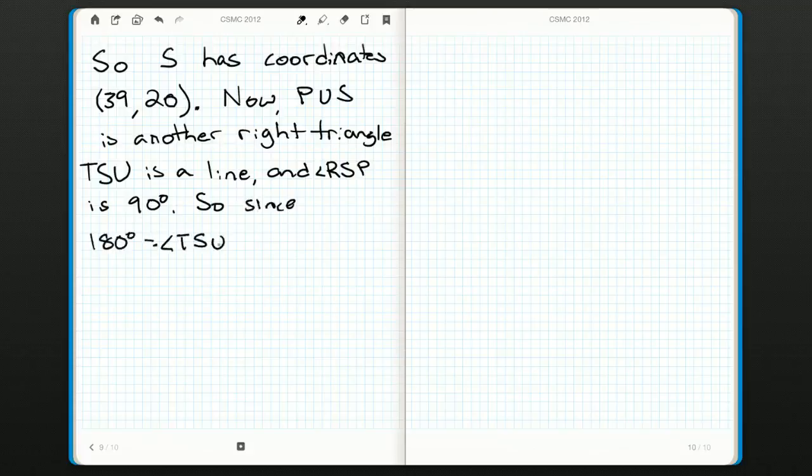It's odd to write the angle of a line, but you really can. So we have angle RST plus angle RSP, and finally, angle PSU.